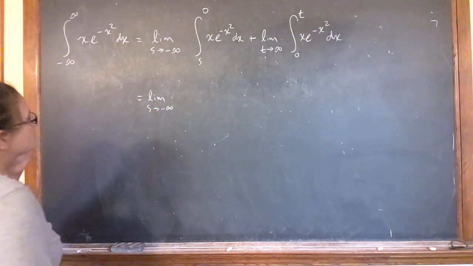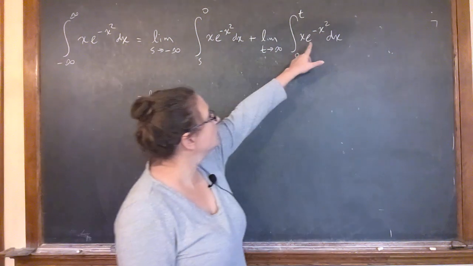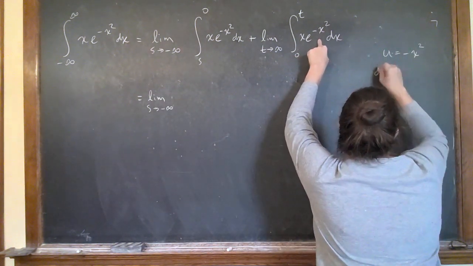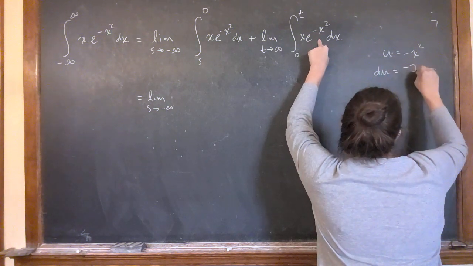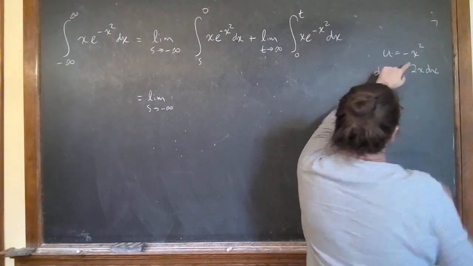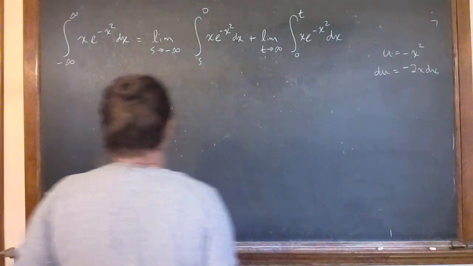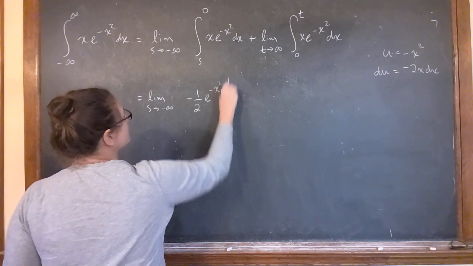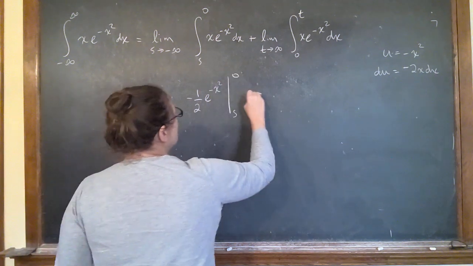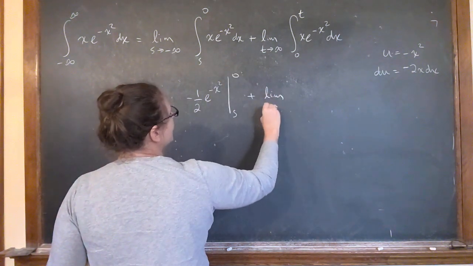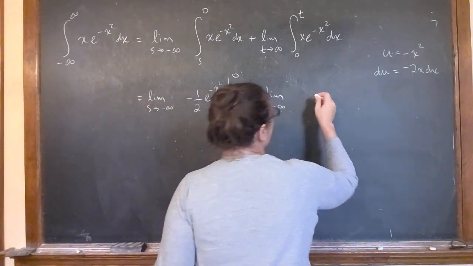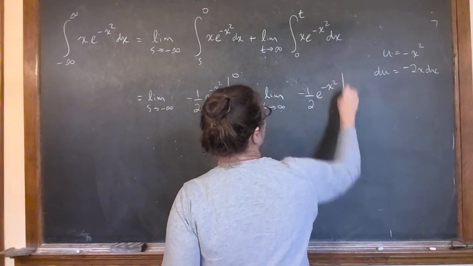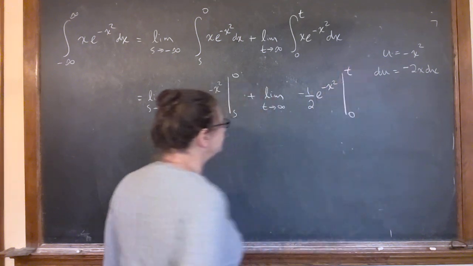But these are simple u substitutions. u equals negative x squared, then du is minus 2x dx. So I get the minus x squared with a negative 1/2. So I got negative 1/2 e to the minus x squared, evaluated from s to 0, plus the limit as t goes to infinity of negative 1/2 e to the minus x squared, evaluated from 0 to t.